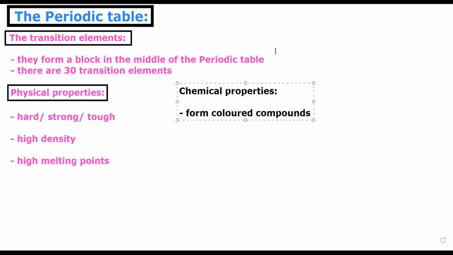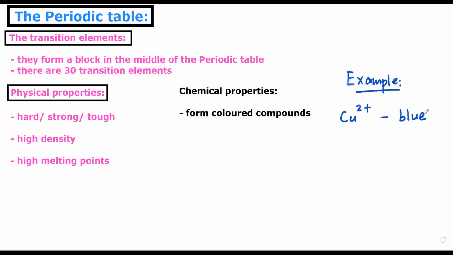For example, we have different transition metals which are forming them. Let me write it here. For example, if I am talking about copper 2 plus, what color does it form? It forms blue colored compounds.